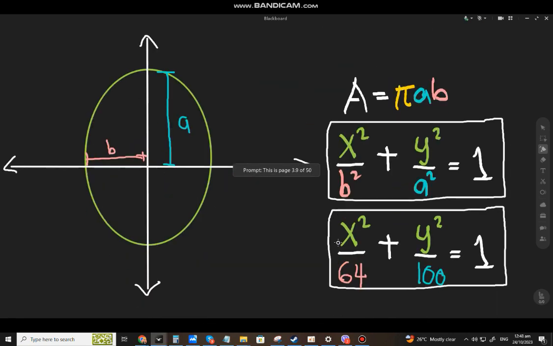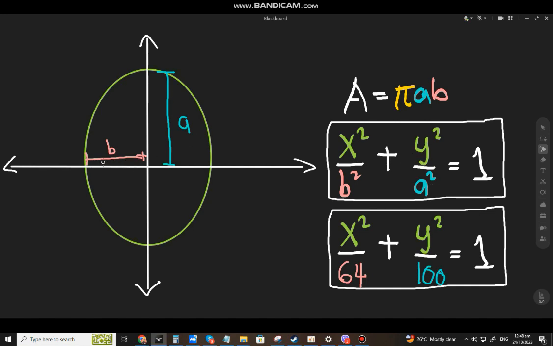Now let's have the second example. This will be in your pre-calculus. This is the equation for the ellipse: x squared over b squared plus y squared over a squared equals 1. Again, a and b will differ, okay? So how will you know where to put the a or b? The a should always be longer. Since a is longer and is on the y-axis, you put it below y.